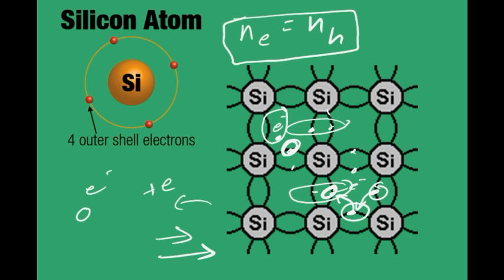That is the main point of intrinsic semiconductors. Intrinsic means they are made of only one type of material, that is silicon or germanium, or only one kind of atom. ni is the intrinsic carrier concentration. That carrier may be a hole or a free electron. This is a general term.